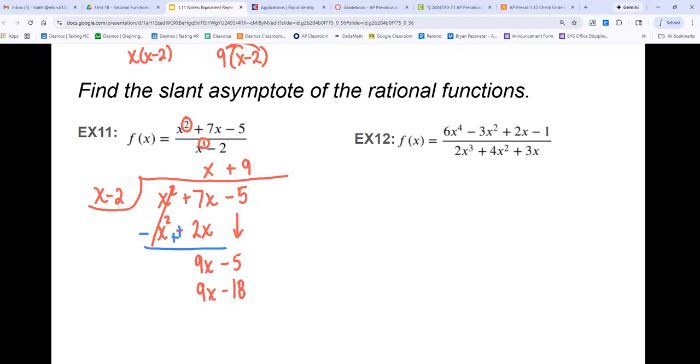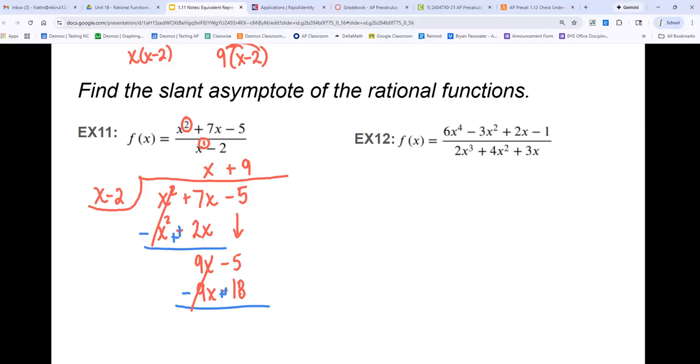So I divided, I multiplied. Now I need to subtract. Again, this happens where you get a double negative, so you're really adding right there. And I'm going to get 9x minus 9x is 0. If that goes away, it should every time or you messed up.